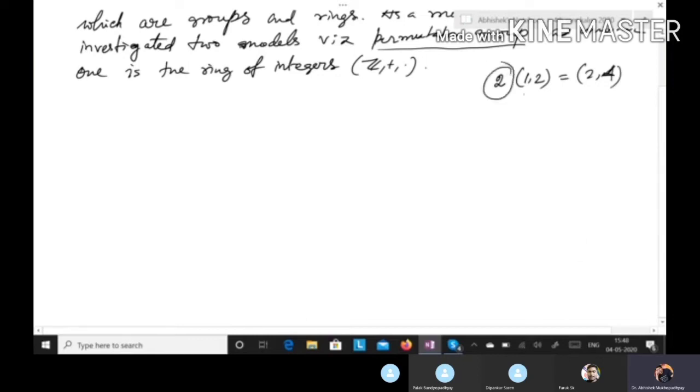This multiplication with a point has a special feature in this algebraic system, and you need to consider such systems along with this set of points.